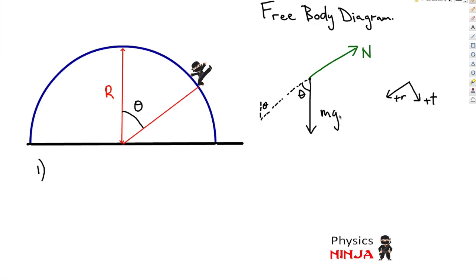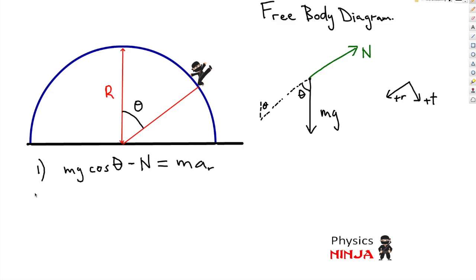We have a component of the weight, and the component of the weight that's in the radial direction is mg cos theta, and we have minus the normal force. Now we have an object that is moving in a circle, so it's definitely going to have some acceleration in that radial direction. Let me just call that a subscript r.